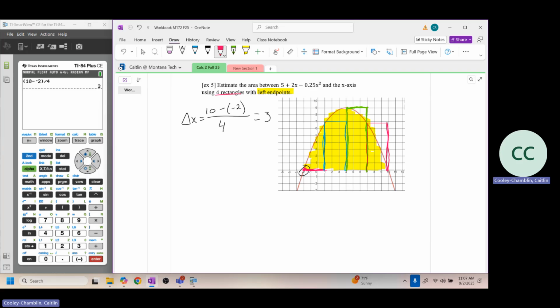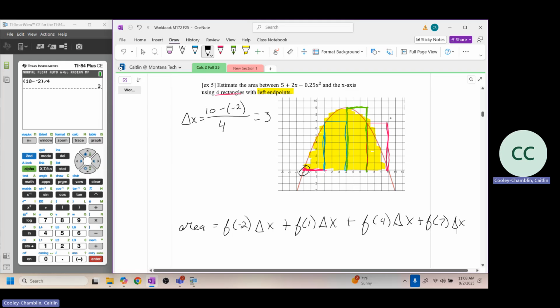And so our area is equal to the height of my curve at negative 2 times my delta x plus the height of my curve at 1 times my delta x plus the height of my curve at 4 times my delta x plus the height of my curve at 7 times my delta x.